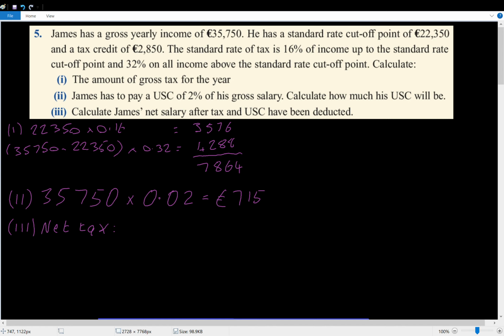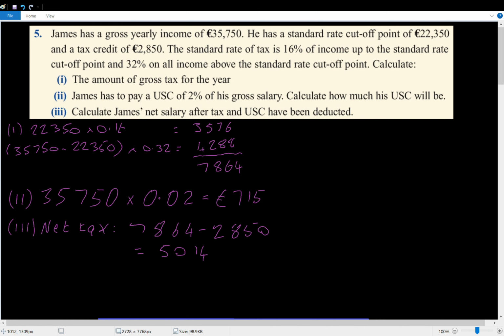So to find his net tax, we take our tax credit amount away from the gross tax. So it's going to be 7864 minus 2850, which is going to give us 5,014. So that's his net tax.